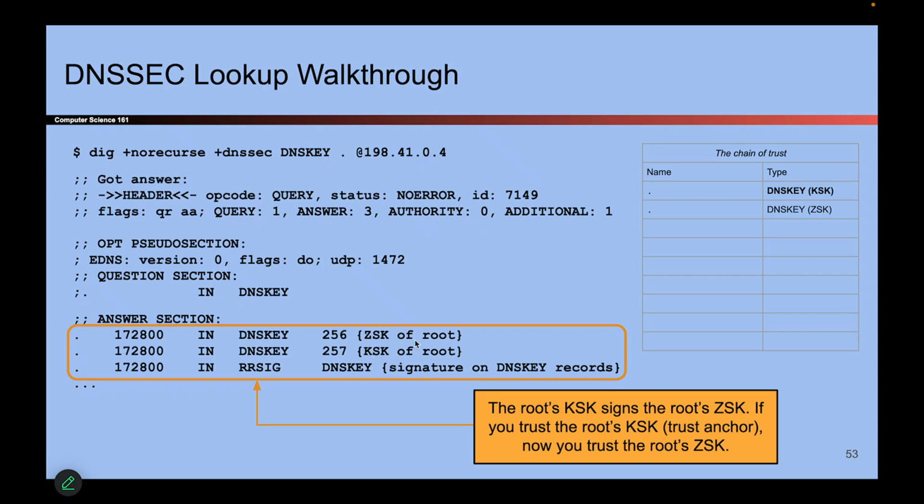So this is the lower half's public key. And we get a signature on the lower half's key. So this is the upper half endorsing the lower half. It's saying, if you trust root KSK, upper half, then we're going to use that to sign root ZSK, lower half. So now you trust root ZSK, which is the lower half of root.